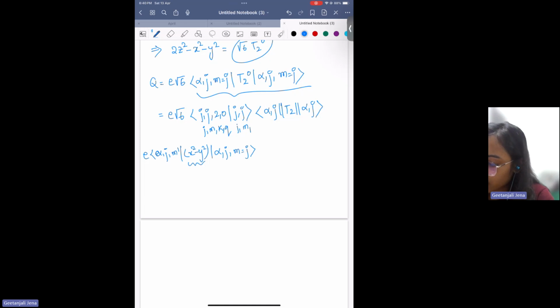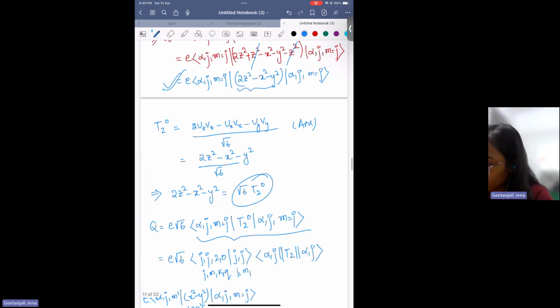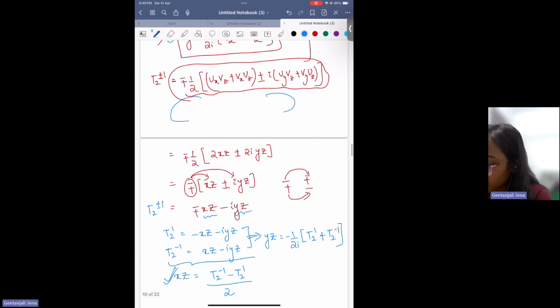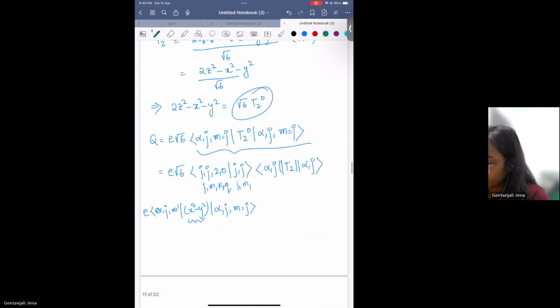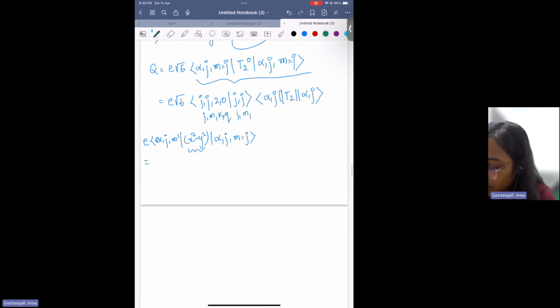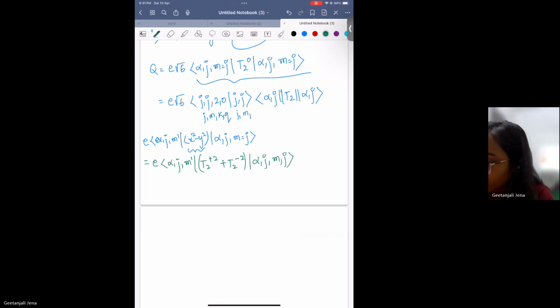So there is a term x square minus y square. What we can do, we have to use this x square minus y square spherical tensor representation, which is this one. So that means this will be equal to e alpha j m prime, T2 plus 2 plus T2 minus 2, alpha j m equal to j.